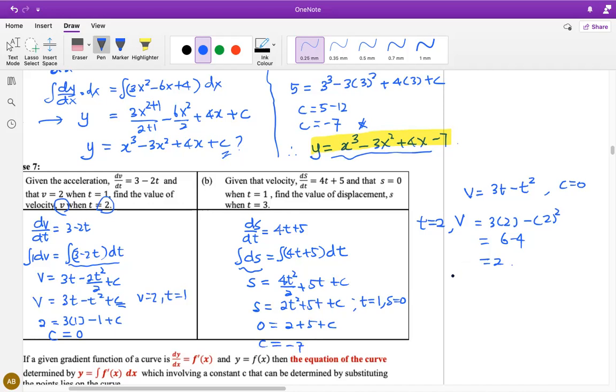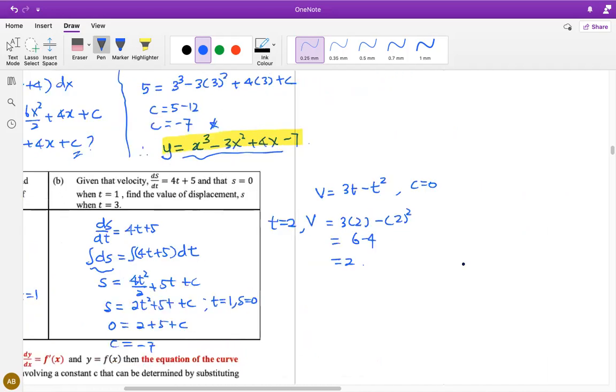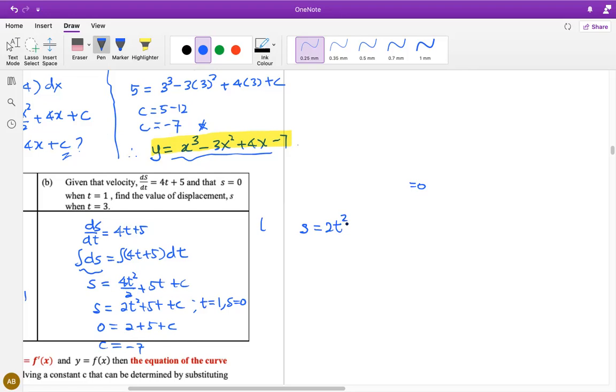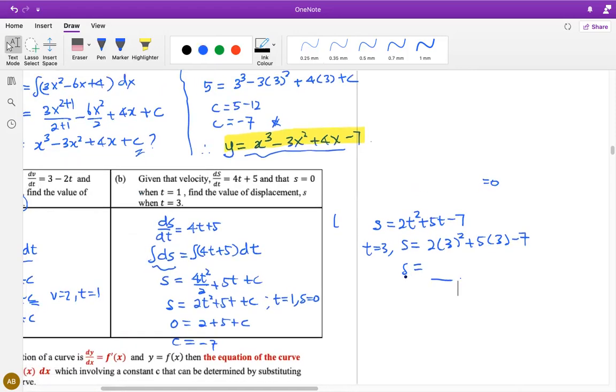So our s is 2t squared plus 5t minus 7. So when t is 3, what is s? s is 2 times 3 squared plus 5 times 3 minus 7. If you use your calculator, you should get the answer here. I don't want to continue that; you can use your calculator to get the answer.